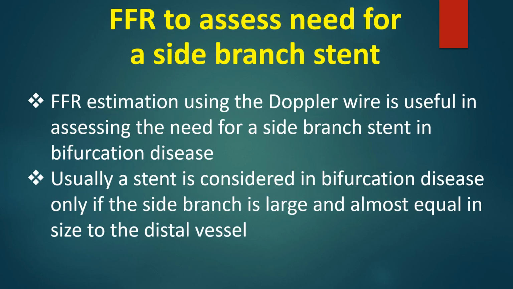FFR estimation using the Doppler wire is useful in assessing the need for a side branch stent in bifurcation disease. Usually a stent is considered in bifurcation disease only if the side branch is large and almost equal in size to the distal vessel.